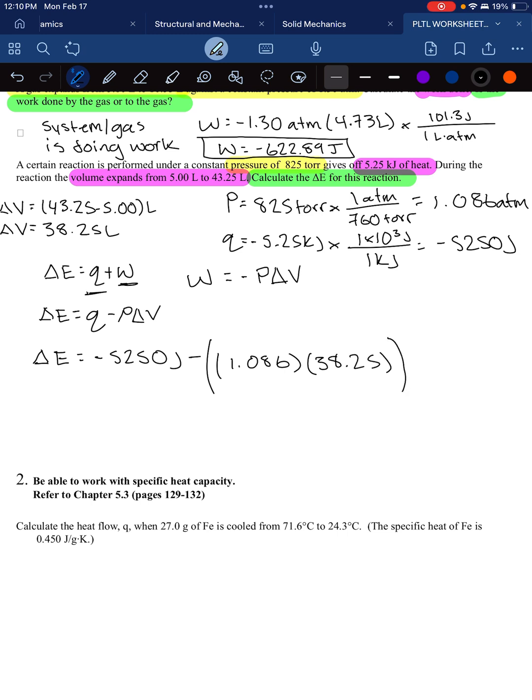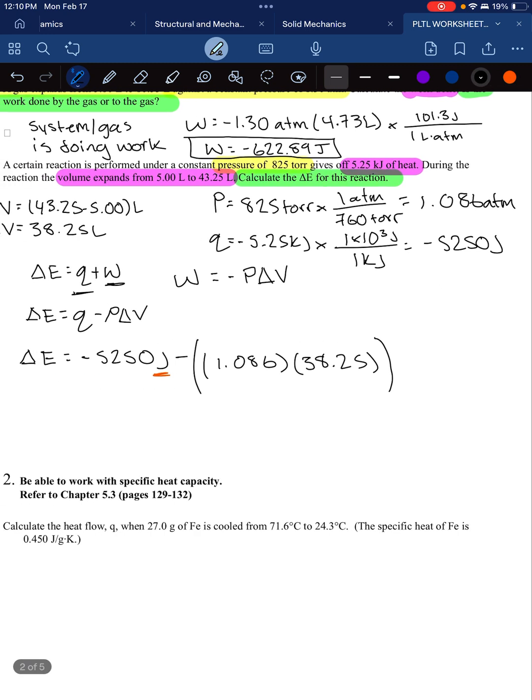And the reason I changed this to joules is because I'm going to change this side to joules. Just like above, because this is liter atm, we're going to use 1 liter atm equals 101.3 joules. And now we can subtract those.